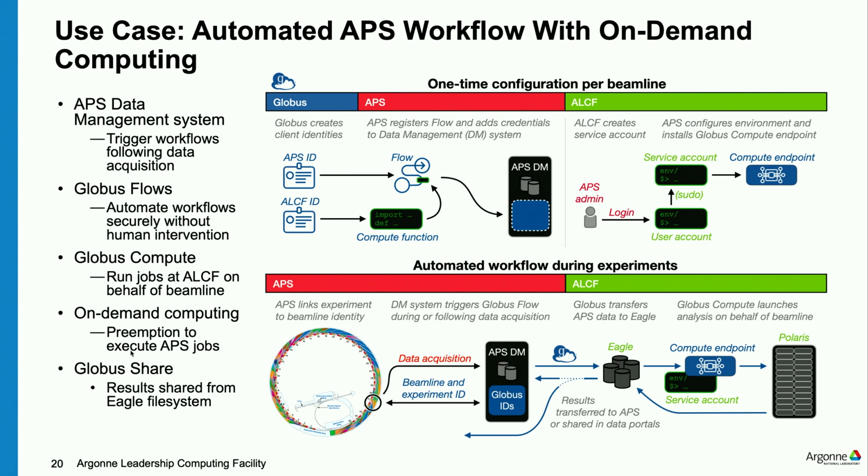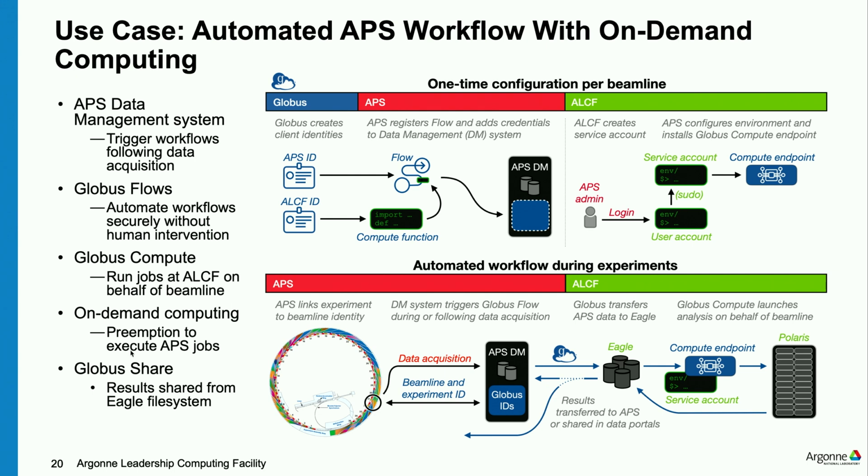Data gets pushed to Eagle and stored on that file system. And at that time, the data processing framework triggers and starts a job on Polaris. That job has high priority, and it can suppress other background jobs.